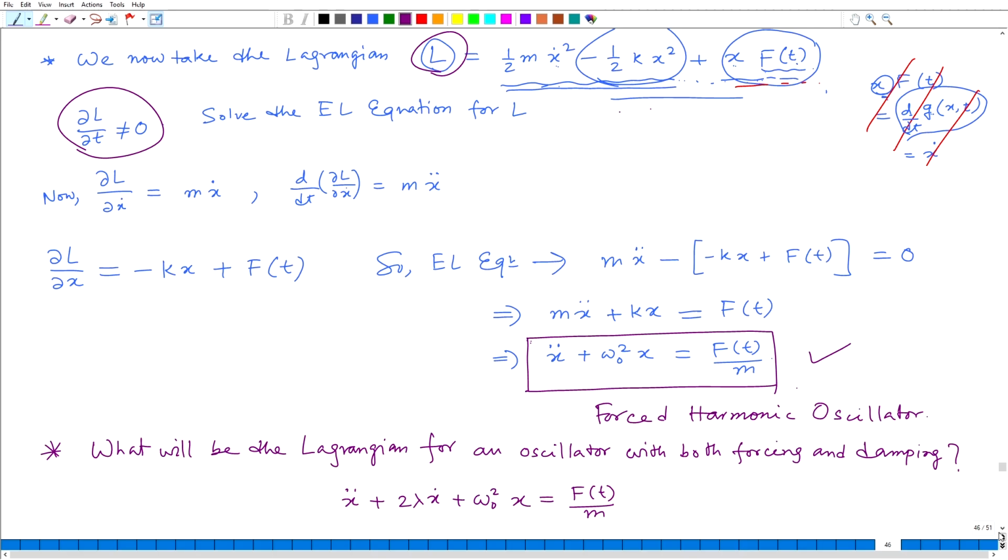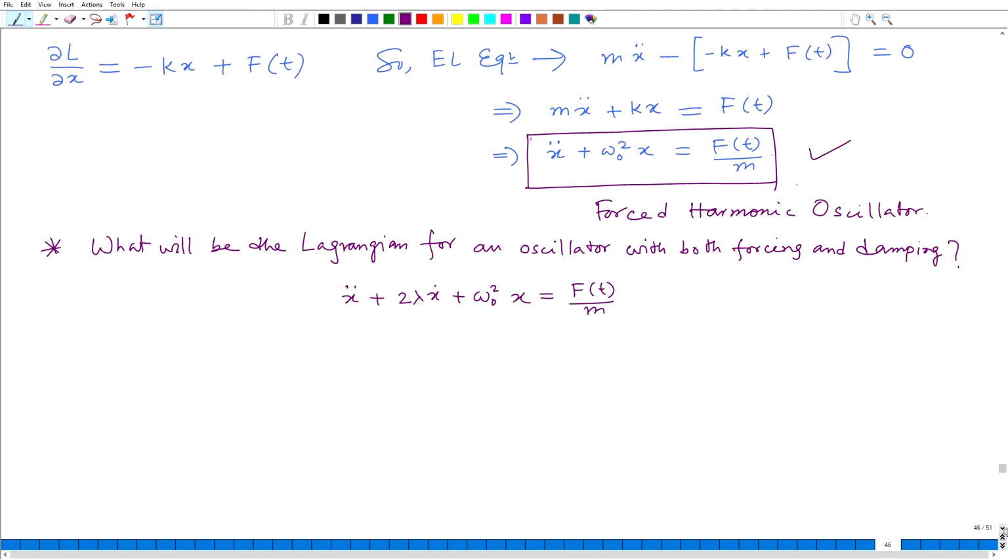I am going to another very interesting point considering the Lagrangian of the oscillator. Let me now take a Lagrangian, always 1D oscillator, half m x dot square minus half k x square, and now I will have something extra: plus beta times x dot.